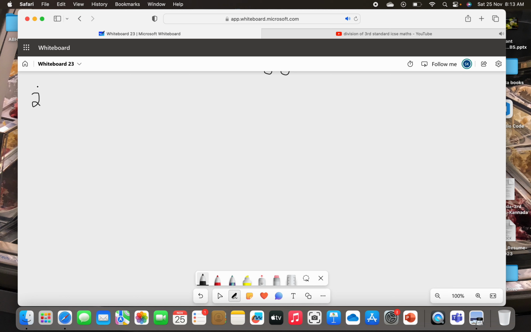Second problem is 627 divided by 3. What is the step number 1? Write 627. Put a line like this and 3 on top like this.